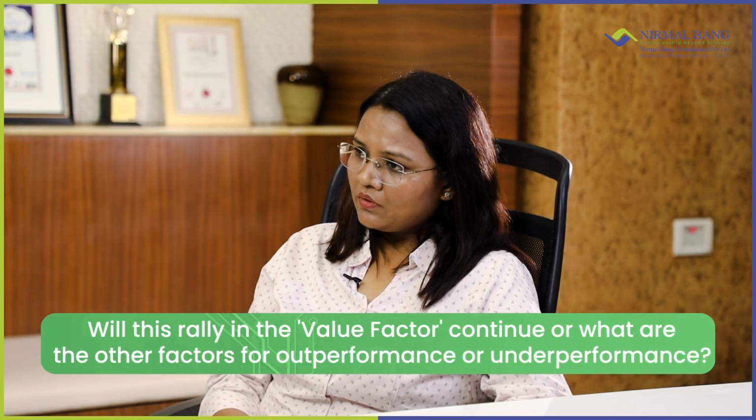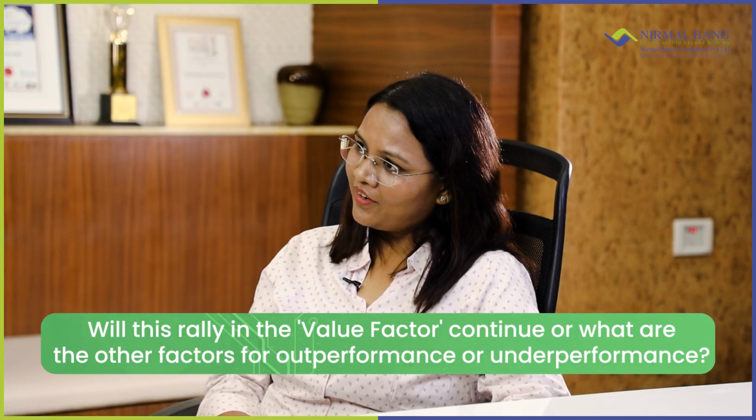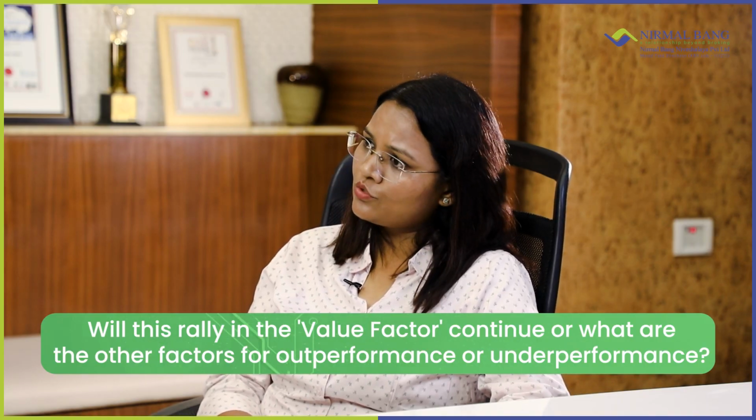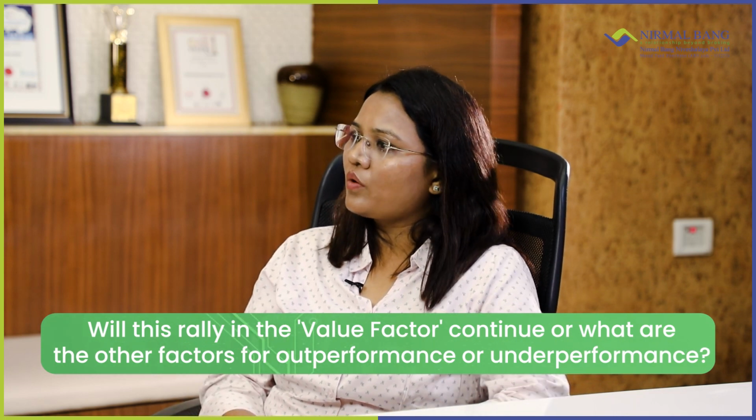Okay, so do you believe this rally will continue, and what factors do you see in case of outperformance or underperformance? As we highlighted, there are multiple parameters which value tracks, including PE, PB and others. Other than that, we do rebalancing also. All indices, whether value, low vol, or any passive funds, have to rebalance.